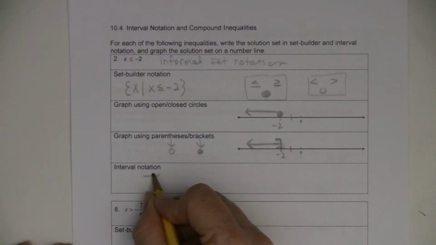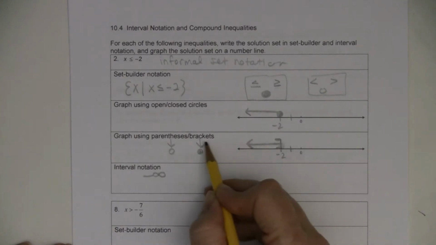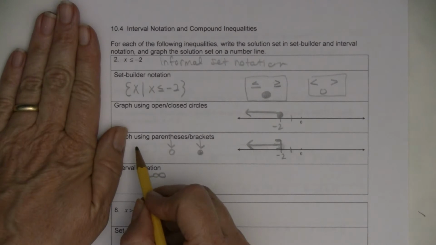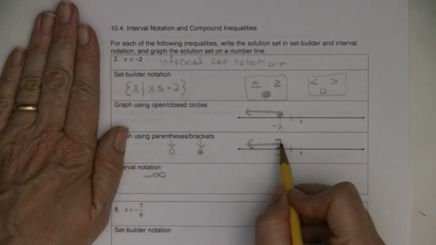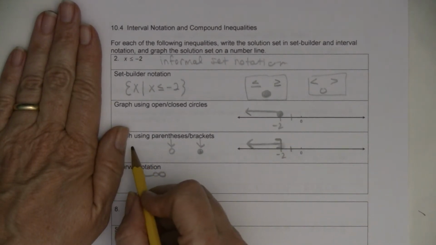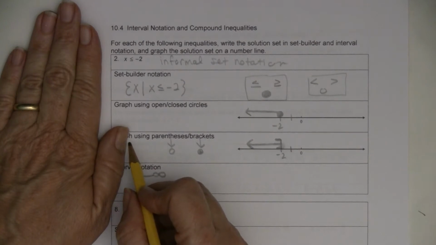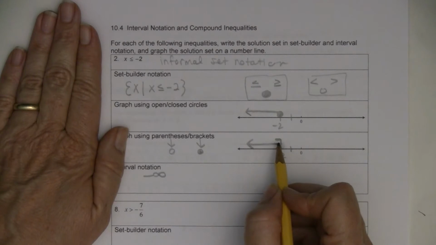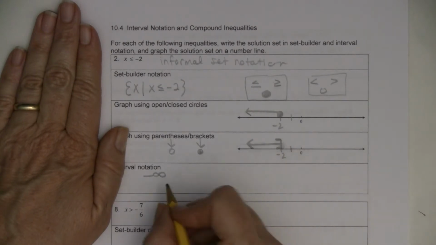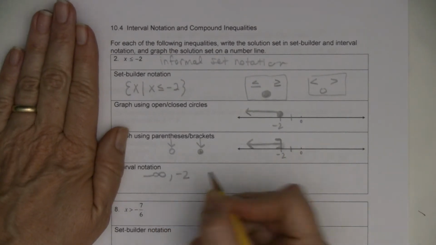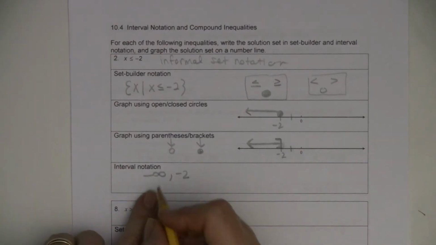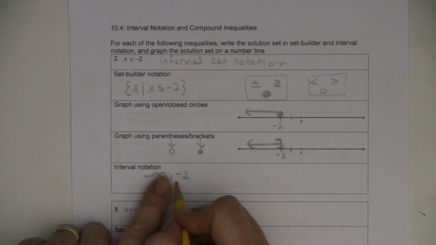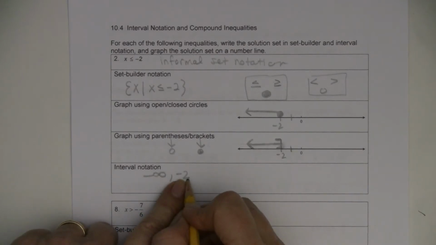So my solutions go from -infinity, all the way from the end, as far to the left as you can go. If I was to walk my solutions, I would go from as far as you can go, -infinity, left to right, like you read, to -2, comma, -2. But that's not all there is to it. This is where my solutions start as I go left to right, -infinity, and this is where they end, -2.